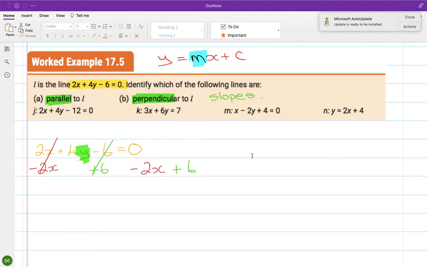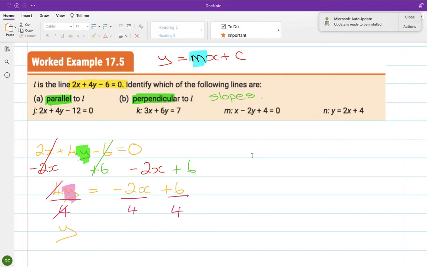So I have 4y equals minus 2x plus 6. And then I still want to isolate y. So I'm going to need to divide by 4 to cancel the 4. So I need to divide by 4 here and I need to divide by 4 here. Whatever you do to the left, you have to do to the right.